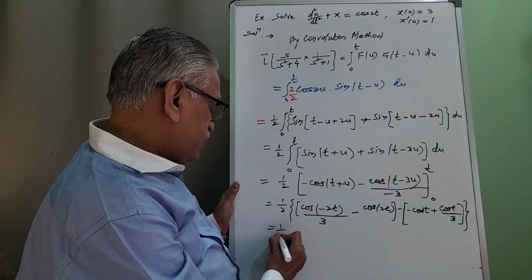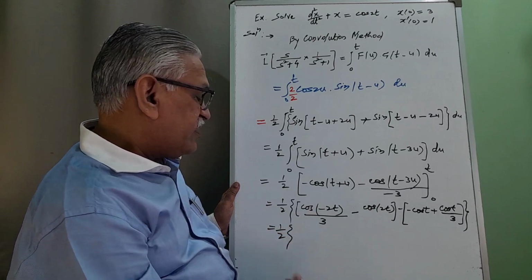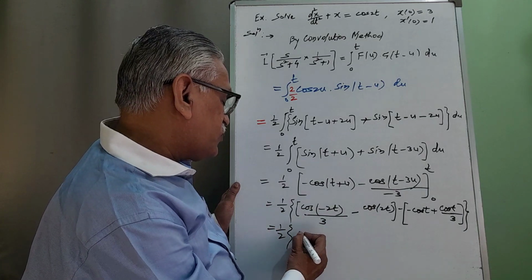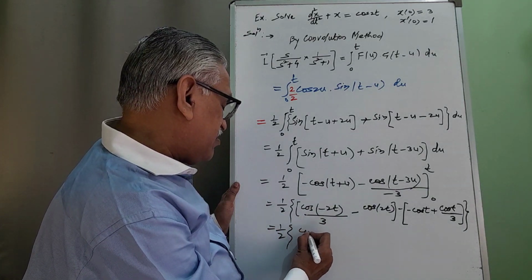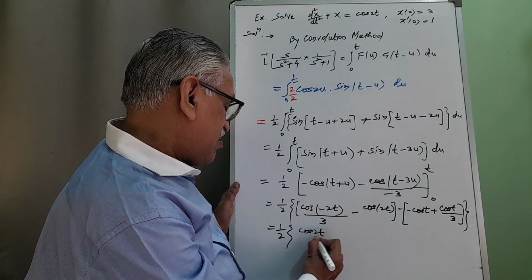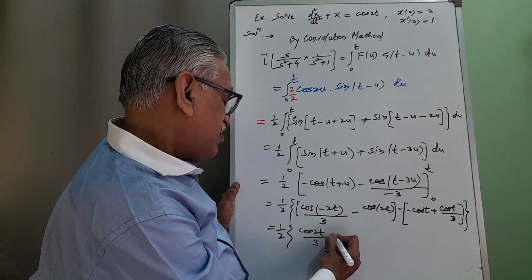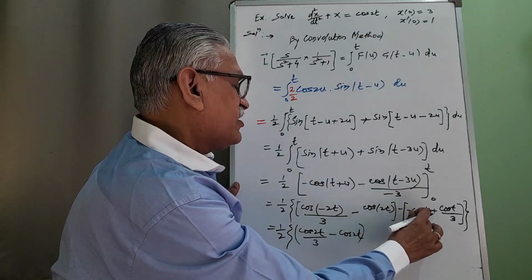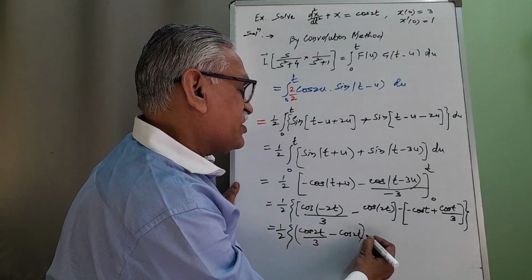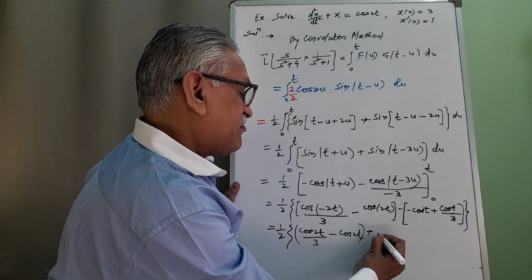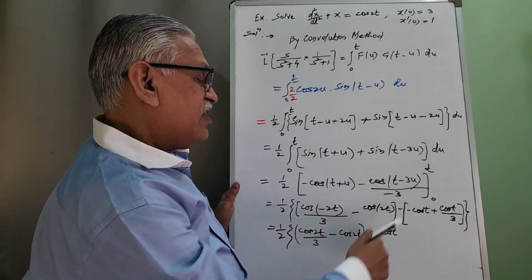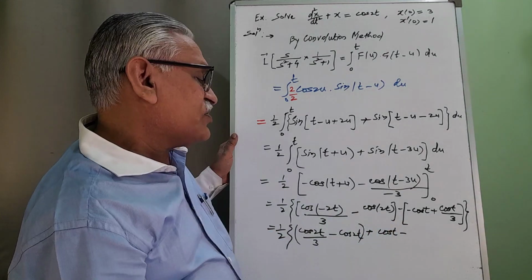Therefore it is 1 by 2. Cos minus theta is cos theta, and therefore this is cos 2t by 3 minus cos 2t. This becomes minus minus plus cos t, and this one is minus cos t by 3.